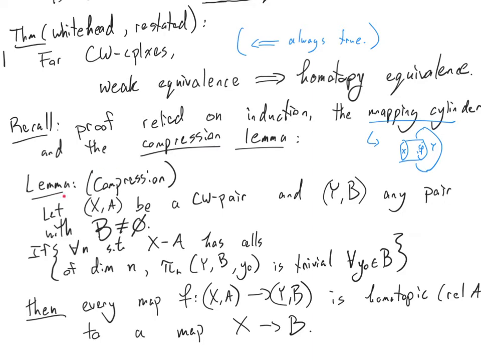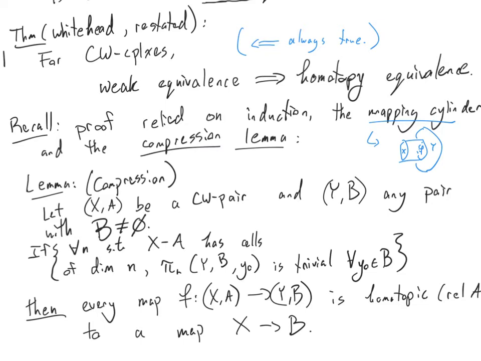If you have a CW pair X, A, and Y, B is another pair where B is non-empty, then having the hypotheses that for all n such that there are n cells in X minus A, pi n of Y, B, Y naught is trivial for all base points, then you get to conclude that every map is homotopic relative A to a map landing inside of B. So if you have a map in all of Y, you can compress it down to one inside of B without changing what it's doing on A.